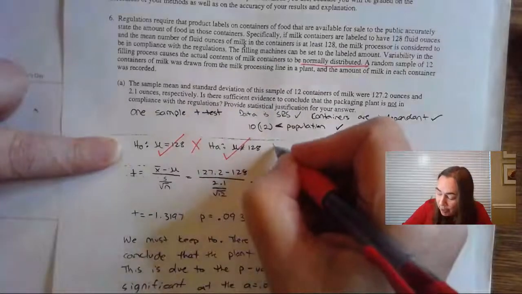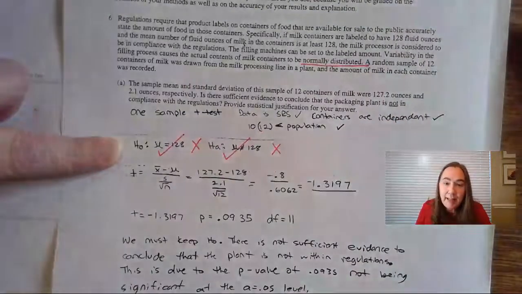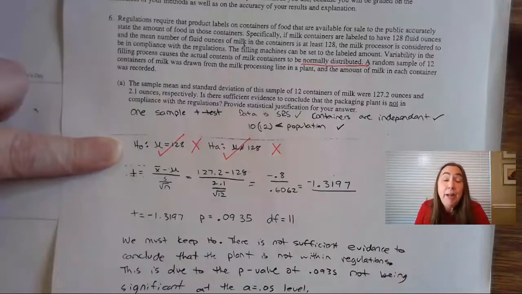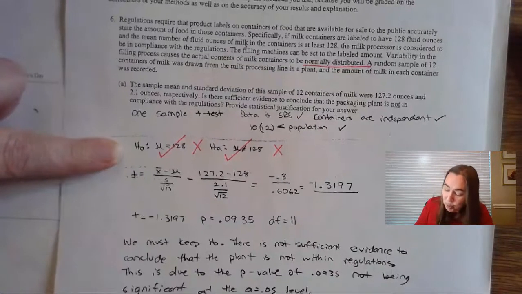But guess what? They don't have the words again, so they're not going to get that second check for the Ha. That should be: the alternative hypothesis states that the true population mean amount of milk in a container is not equal to 128 ounces. So the hypothesis part is worth 4 points.